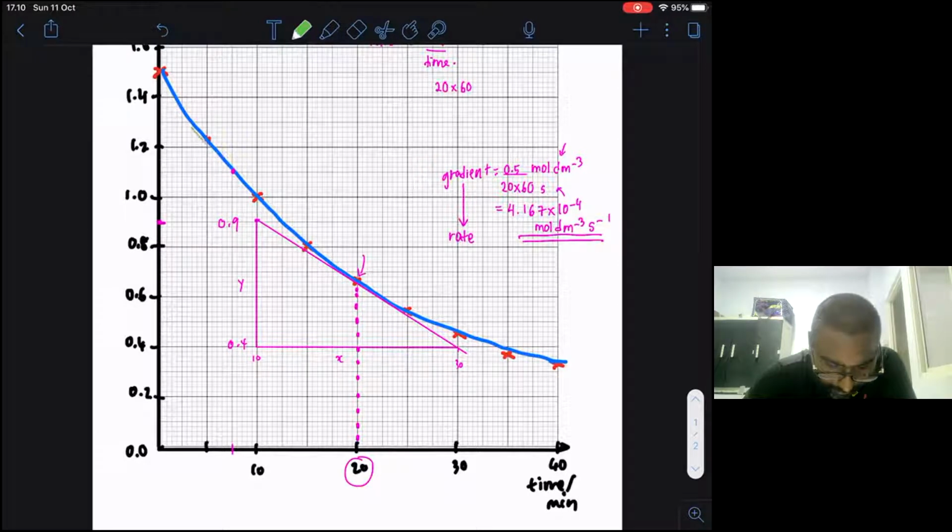Roughly, if I just put it here, you will get a line over there, and then you just need to form a triangle. The bigger the triangle, the better. Roughly I'll show you.